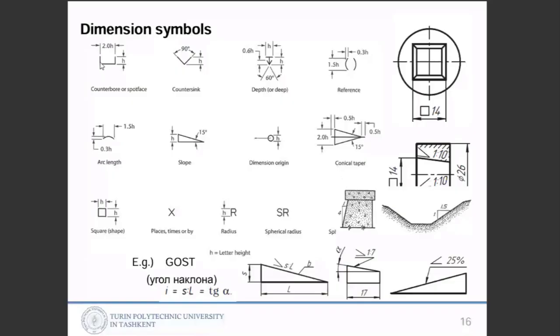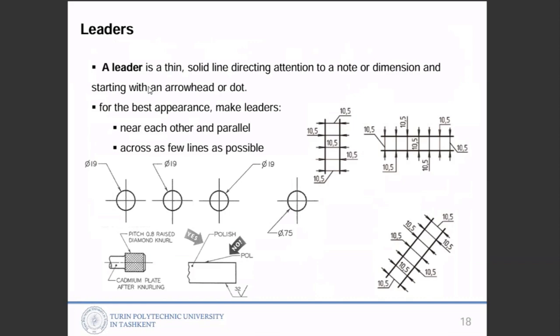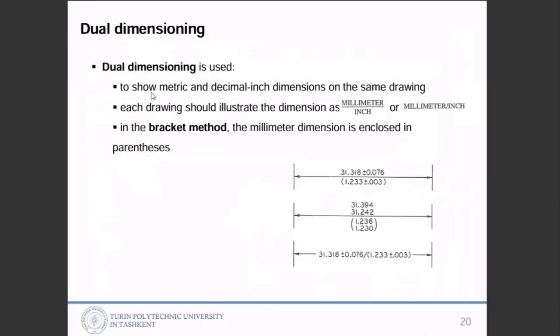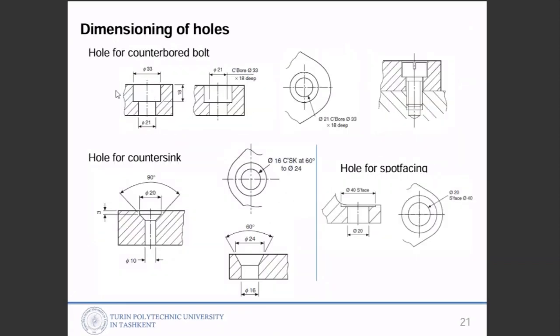Okay, and when you're going to show it, you don't need to add many dimensions. Do we have a counterbore? Yes, here. So this is a counterbore hole. We have a bigger diameter, a smaller diameter, and then the depth.